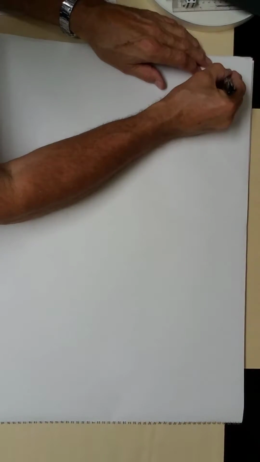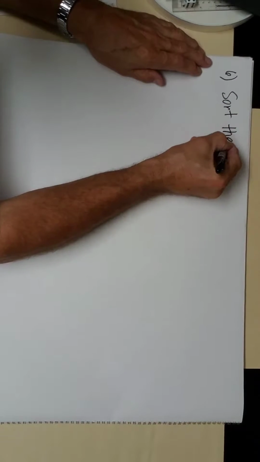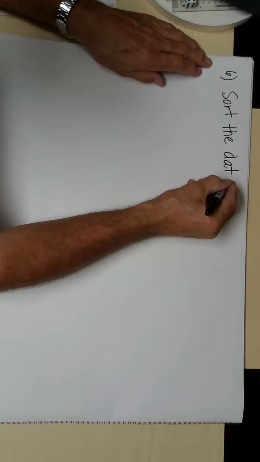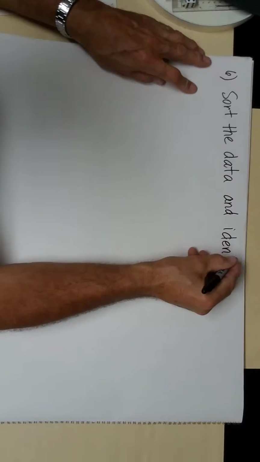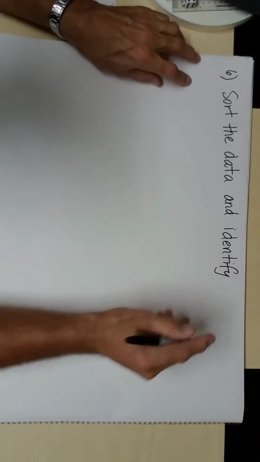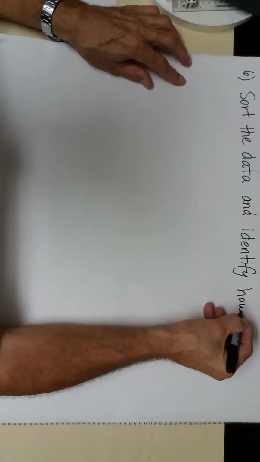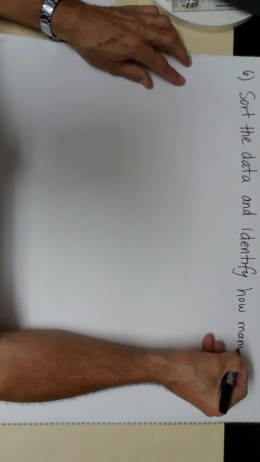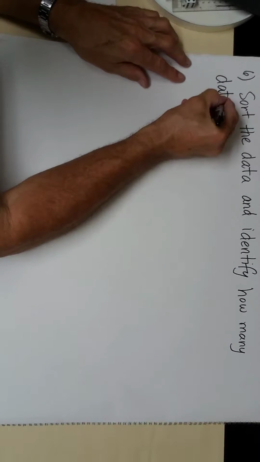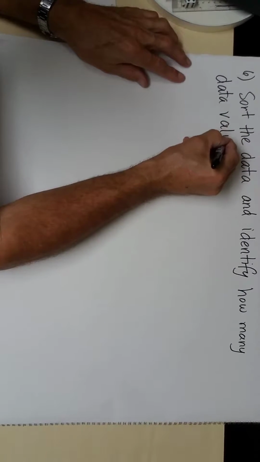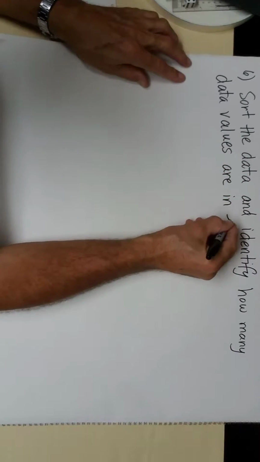The sixth step is to sort the data and identify how many data values are in each class.